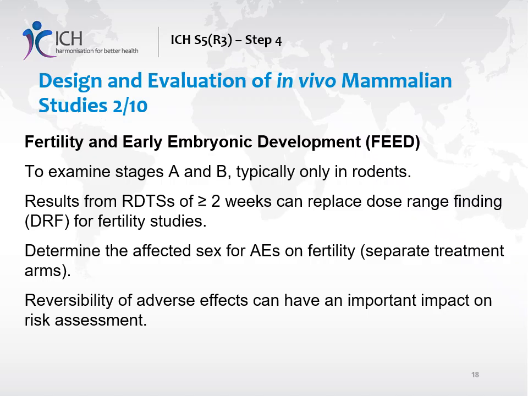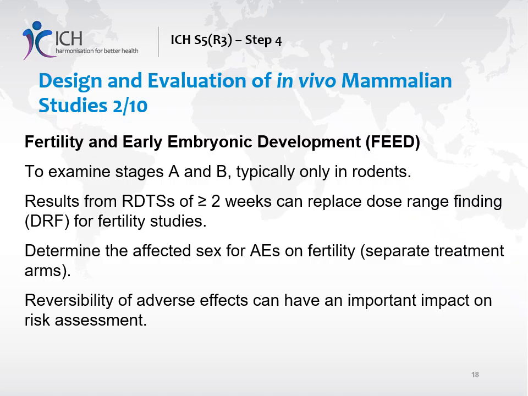Results from repeated dose toxicity studies of at least 2 weeks duration can often be used to design the fertility study without conducting further dose-ranging studies, although studies of such short duration can be insufficient to reveal all adverse effects. A mating phase is expected in most cases when a FEED study is warranted to support exposure of the target population. Such studies are typically performed in rodents.